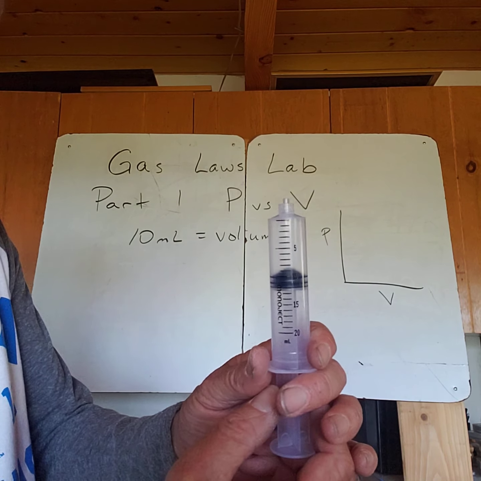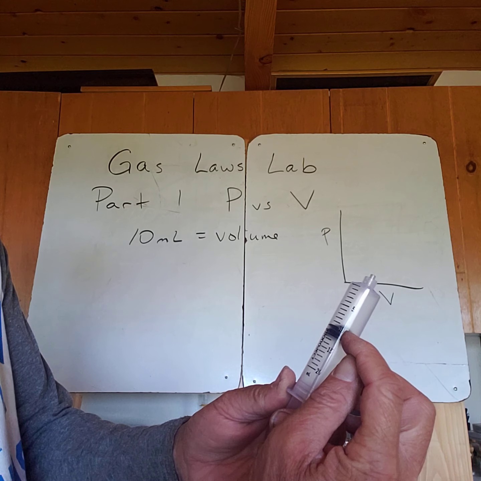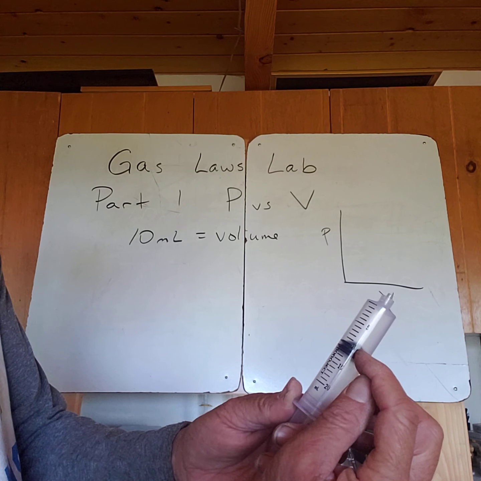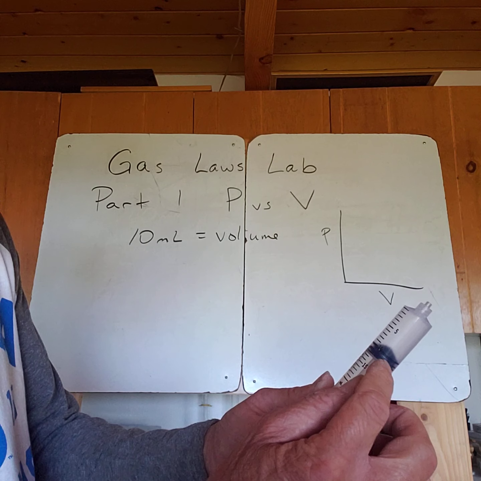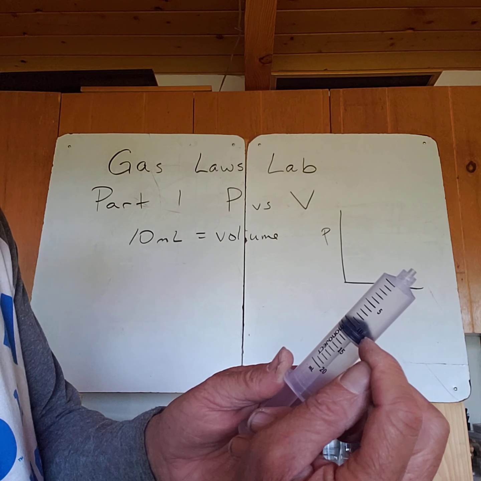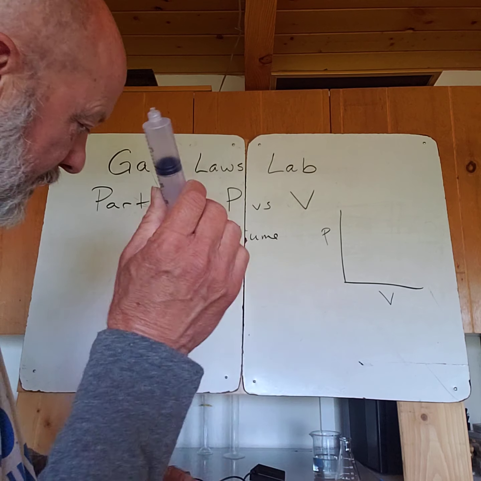I don't know how well it'll show on the video, but you have the front of the black rubber stopper in there, the front line of that black rubber stopper at the 10, right? I'm looking at the volume from the front of it to here. So that's 10 milliliters.